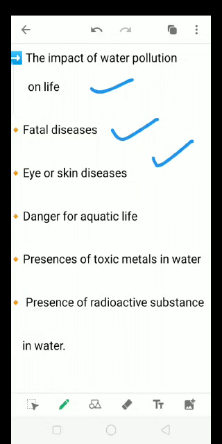The reduction of the level of oxygen in water due to decomposition creates danger for aquatic life like fish and other living organisms. The presence in the water of toxic metals like lead and mercury is very harmful for life. And the presence in water of radioactive substances like uranium can lead to diseases like cancer.